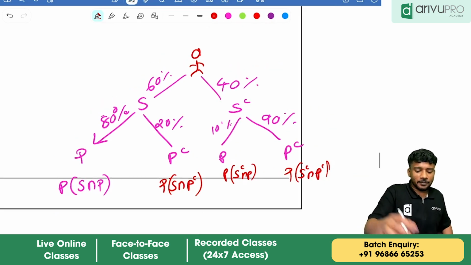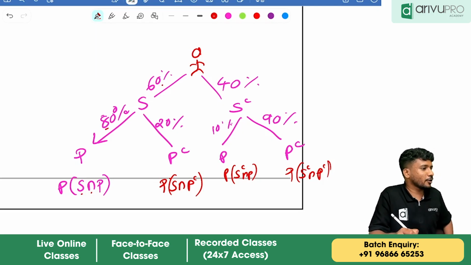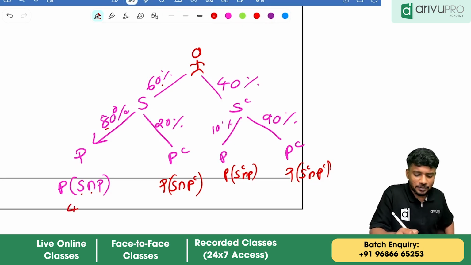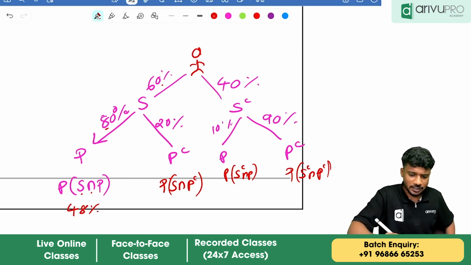Now you tell me the P of S intersection P, that will be what? 80% into 60%. That is how much? 80% into 60% will automatically become what? 48%, because we need to divide it by 100. Yes, so it is 48%. Now a person studies but not passing. 60% into 20% is how much?